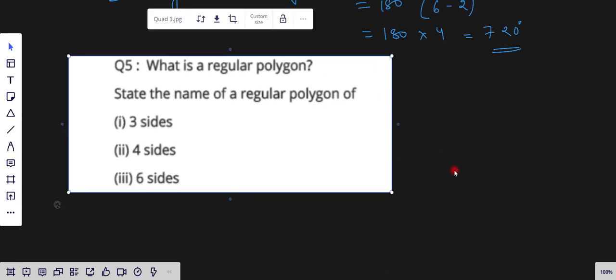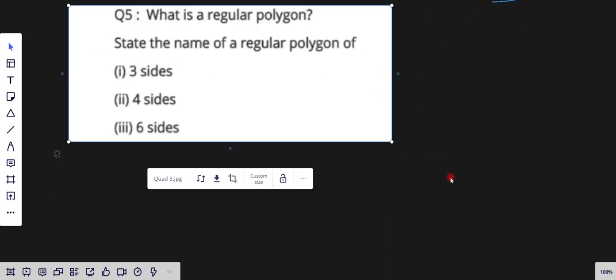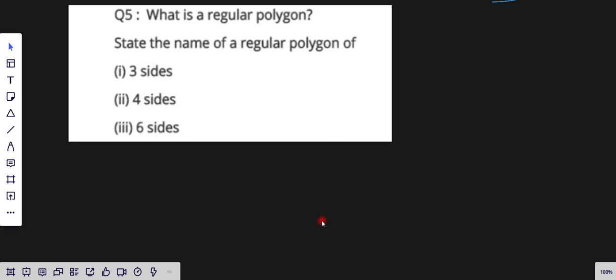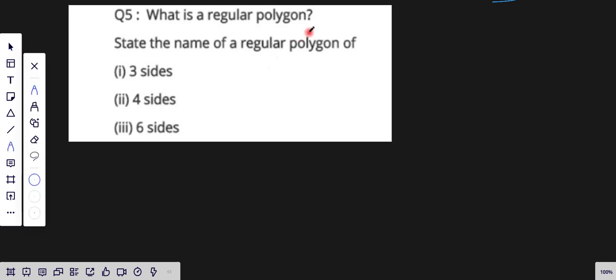Now the question says, what is a regular polygon? A regular polygon is one which has equal sides and equal angles. So you can simply write: a regular polygon is one having equal sides and equal interior angles.